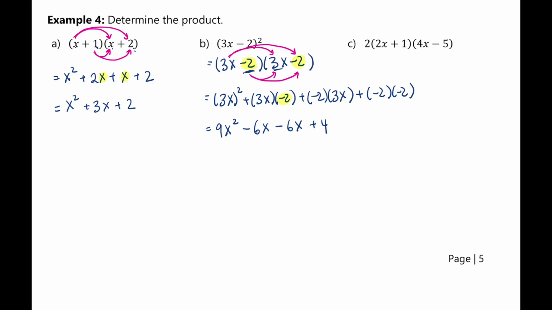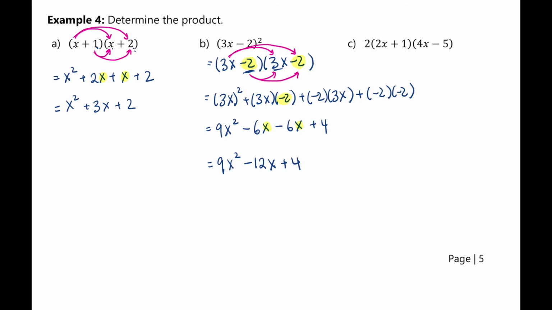We're going to collect the like terms. We have these two terms because they both have x. We have 9x squared minus 12x, and then plus 4.